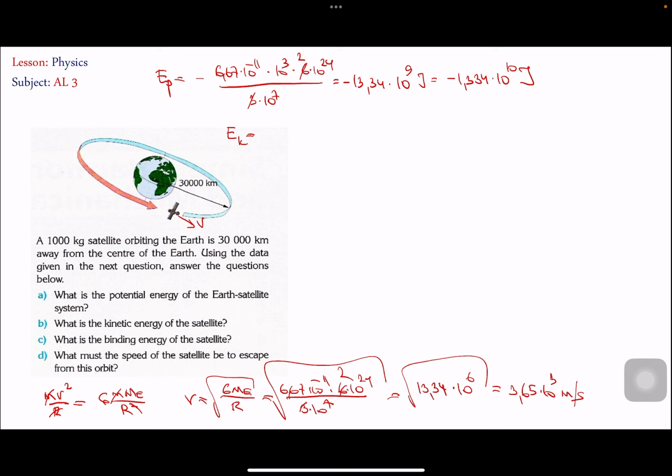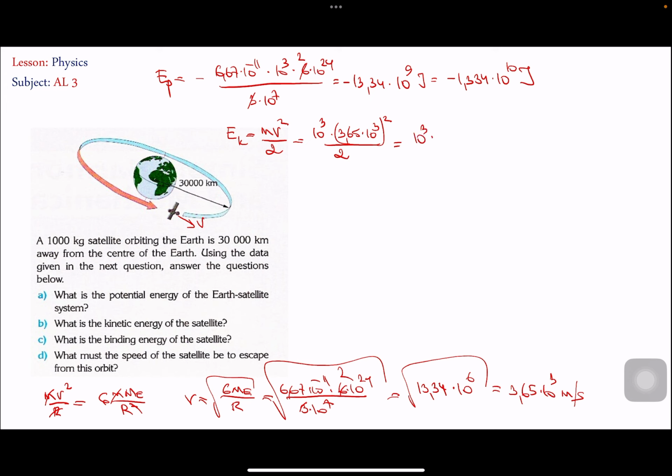Now, in order to calculate the kinetic energy, I will write the mass of the satellite times the speed squared over 2. The mass of the satellite is 10 to the power of 3, multiplied by 3.65 times 10 to the power of 3 squared, over 2. I have to take the square of this, which is 13.34 of course.